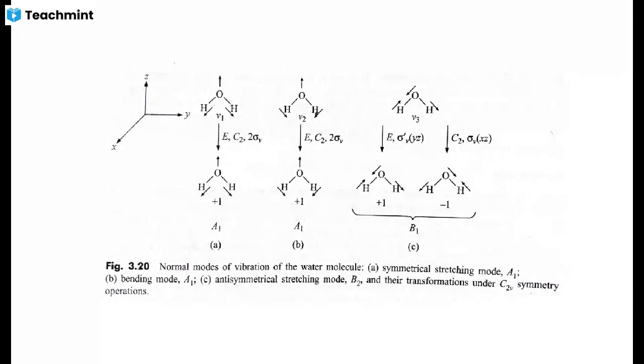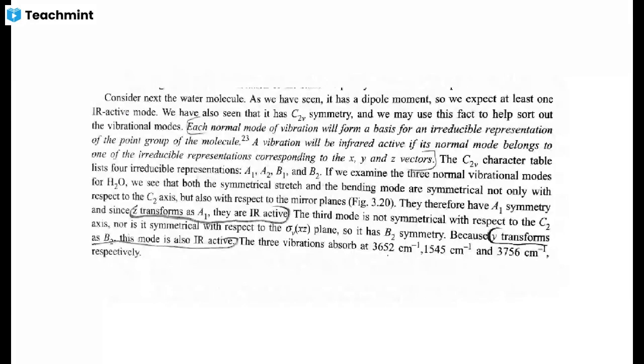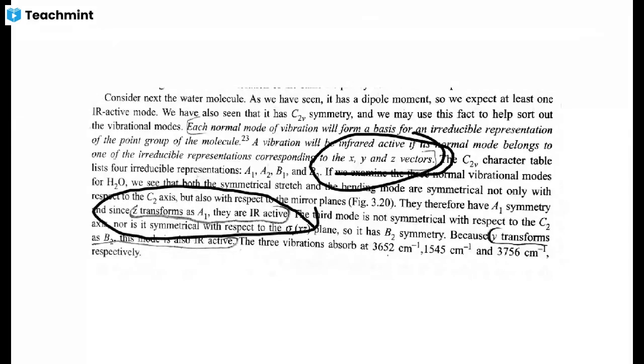Okay, and for the point group, it should be IR active in the x, y, z vectors. Like if you see, z transforms as A1, so that is IR active, and y transforms as B2, and it is also IR active.